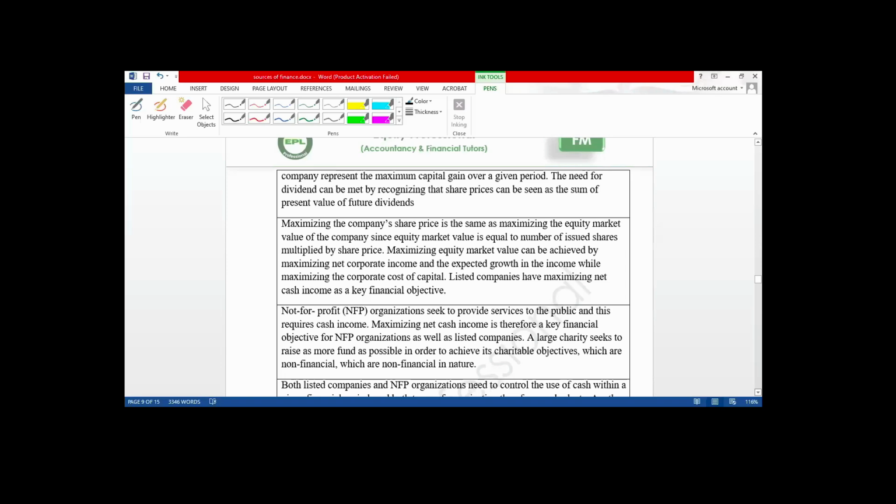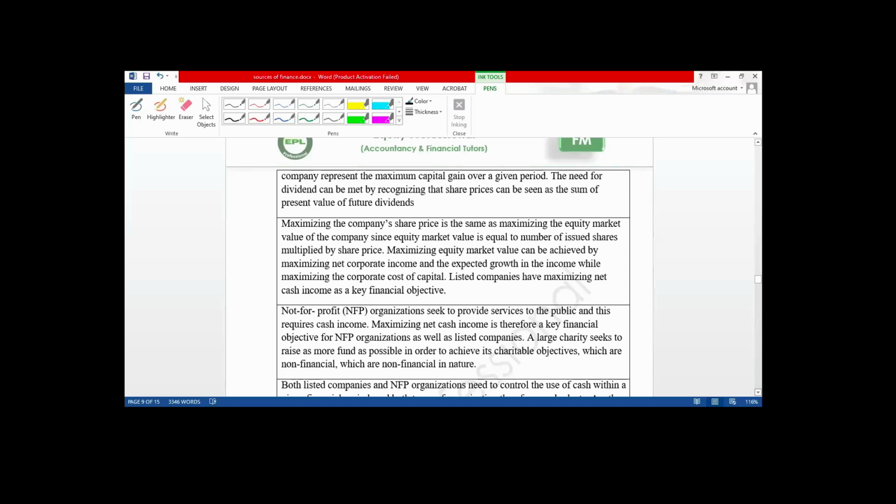Their objective is not to make profit. They are established to provide public services or charitable services.